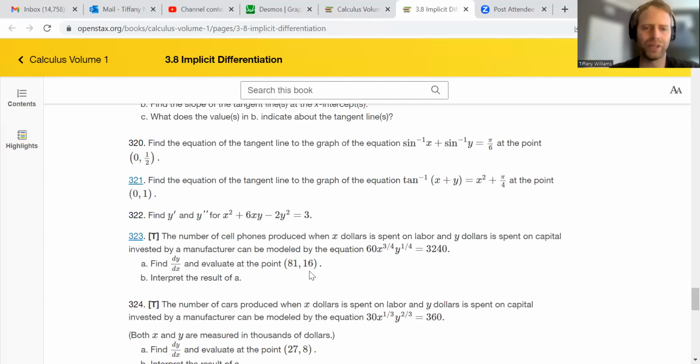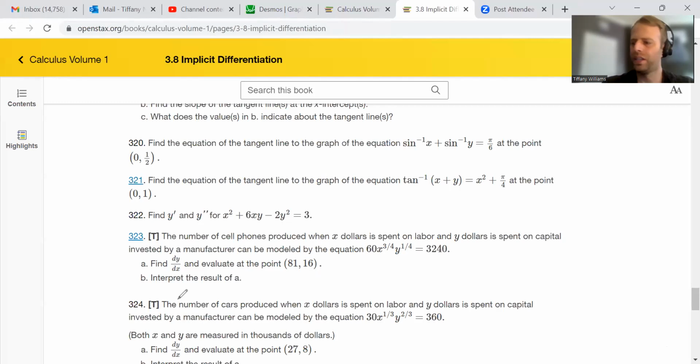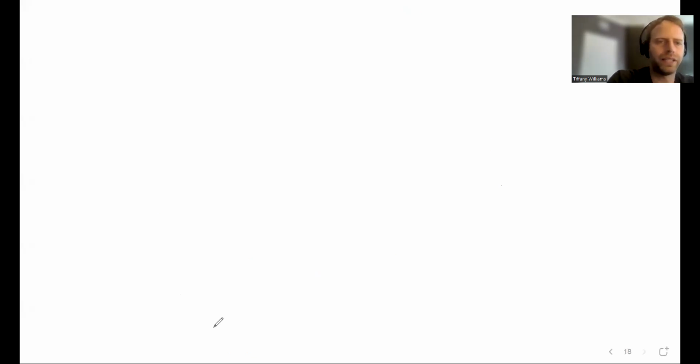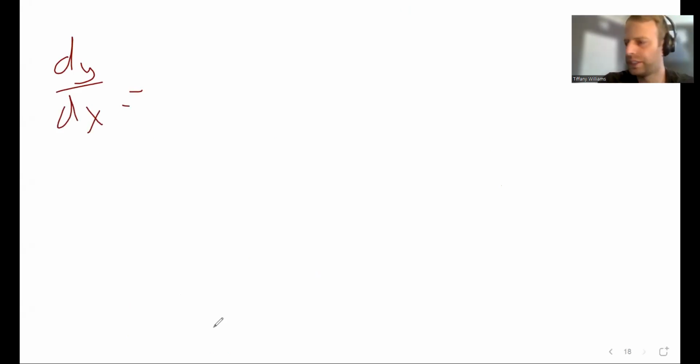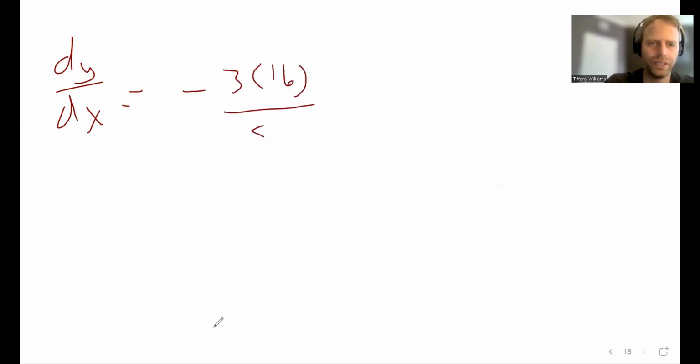When x is 81, so $81 is spent on labor, and 16 is y, which is spent on capital. So that means dy/dx is going to equal negative 3. Remember, I'm plugging in 16 for y, and then 81 was on the bottom, which was x.